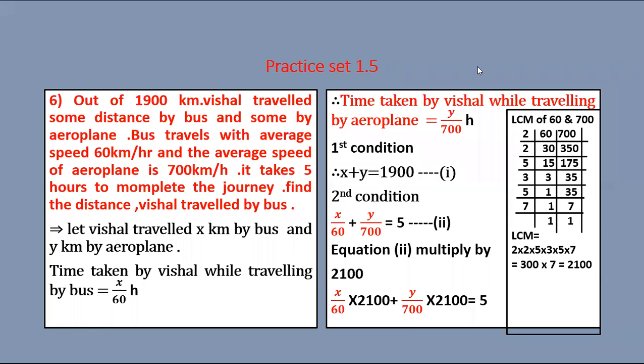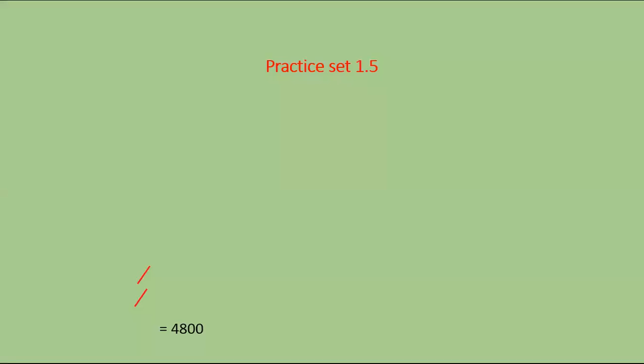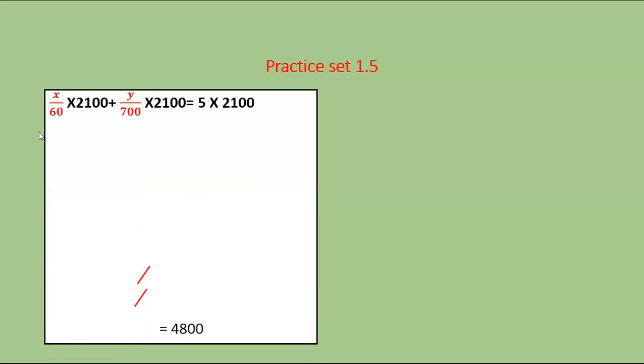Then we get equation number 3. Here 60 divide to 2100, then we get 35x plus 700 divide 2100, 3y is equal to 5 multiplied by 2100 is equal to 10,500. We get equation number 3.